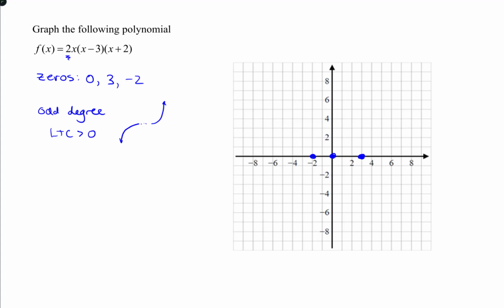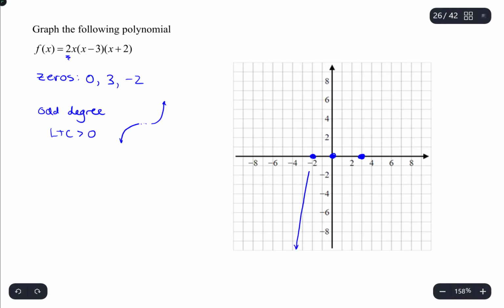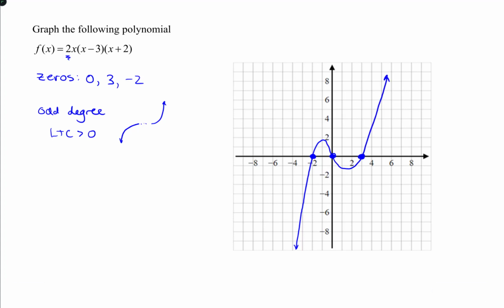So my graph is probably going to start down here in the negative direction, come up, pass through this point, turn so it can come down through this point, turn again so that it can go up through this point, and on to positive infinity. Now, the question is, what happens at these valleys and peaks here?